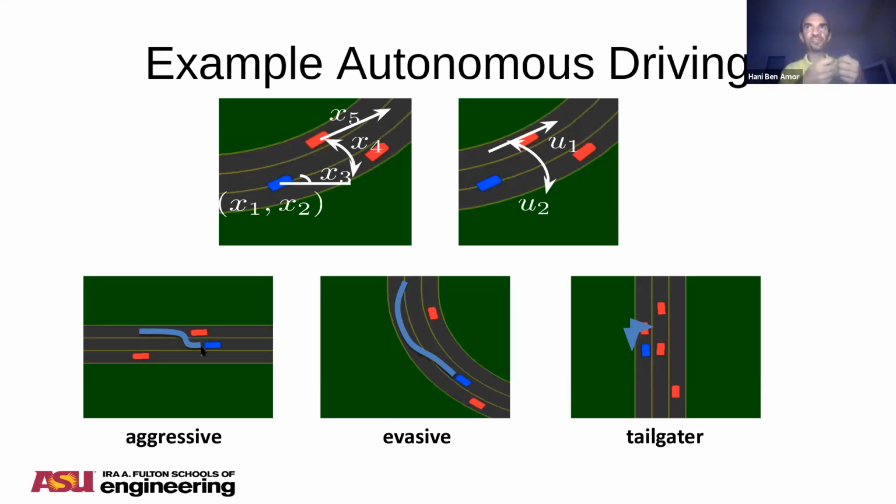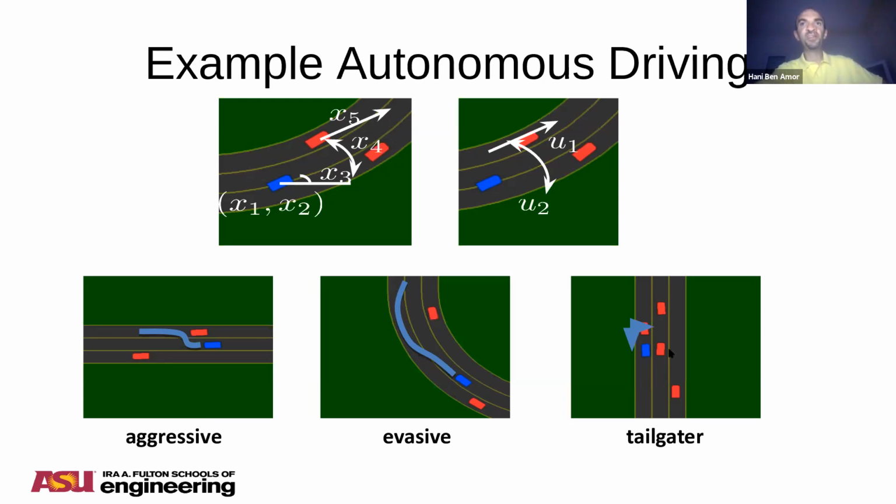We ask them to steer the car, the blue car, and we collect data from these aggressive drivers. The aggressive driver would immediately take over, and once they take over another car, they just accelerate. Whereas an evasive driver, when taking over, tries to steer as far as possible away from the other driver.